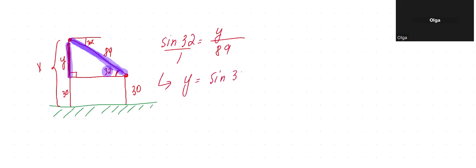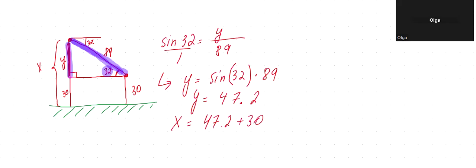Your calculator will open parentheses, close it, and then multiply by 89. So y equals 47.2. To find the total height, we're just going to add 30 to this number, and that will be 77.2. I'm not writing units, but you should add the units all the time.